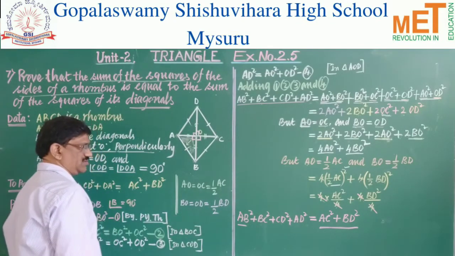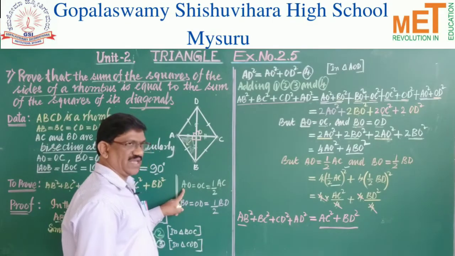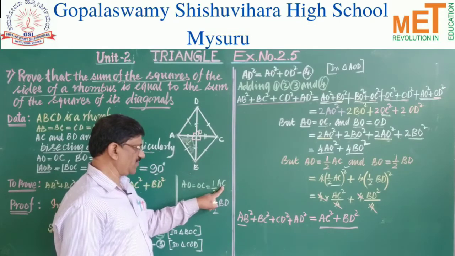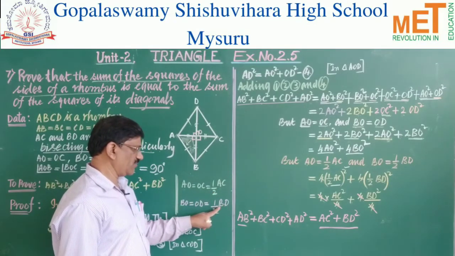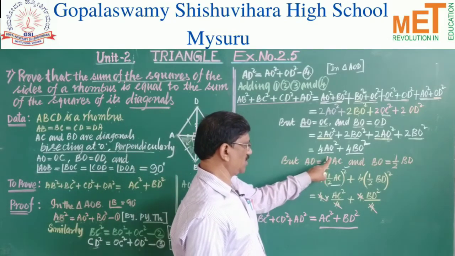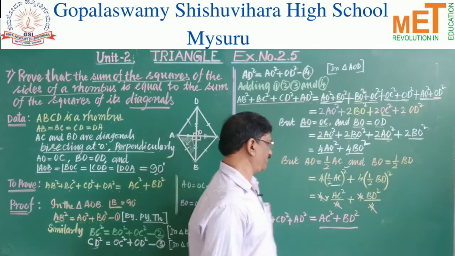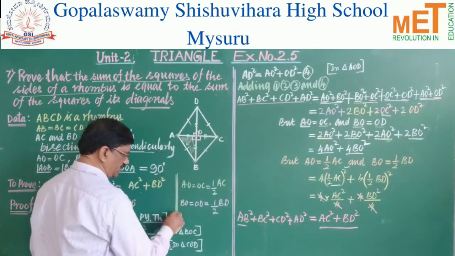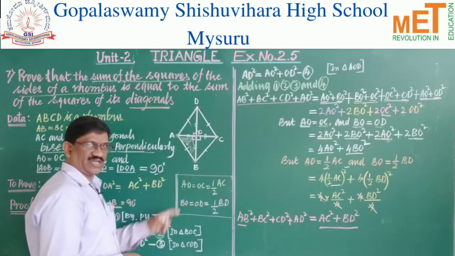Clear, children? So in place of AO I am substituting half of AC, in place of BO I am substituting half of BD. But AO is equal to half of AC, BO is equal to half of BD. So in the examination there is no need to write this. To make you understand, I have written it here, okay.